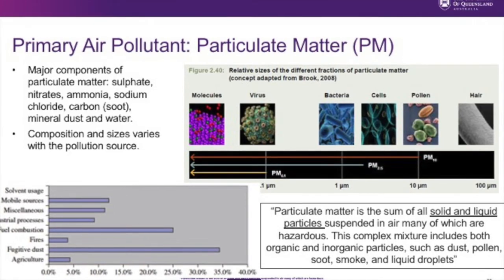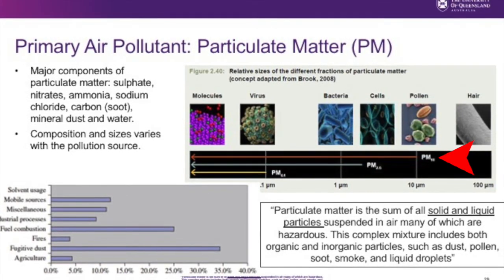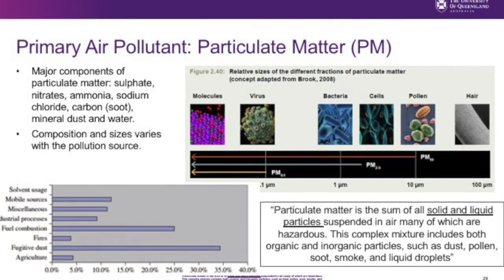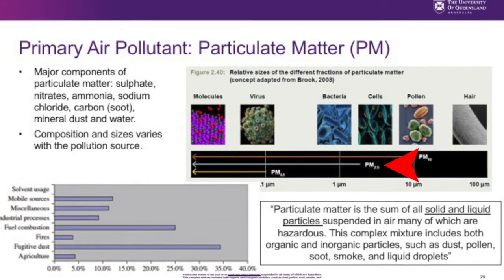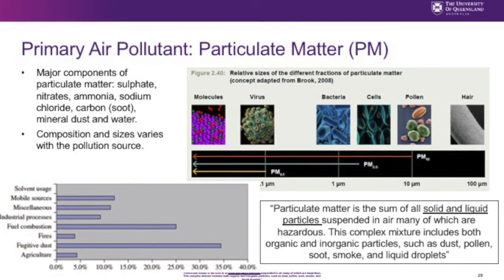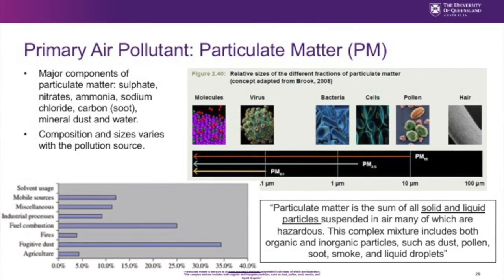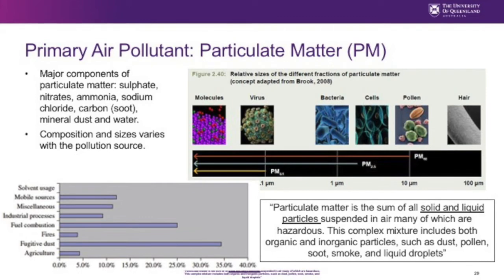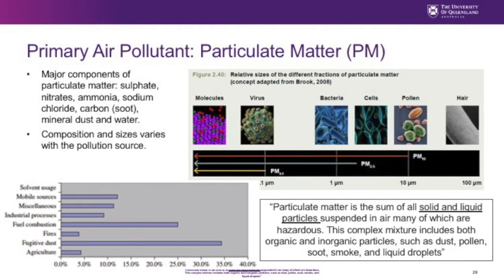Here regulation talks about PM10, which is particulate matter less than 10 micrometers, and then we also talk about PM2.5, but also PM1. So we were talking about the major sources, and also pollen, cells, bacteria, and these things that are also trapped in liquid droplets and also in dust in general.